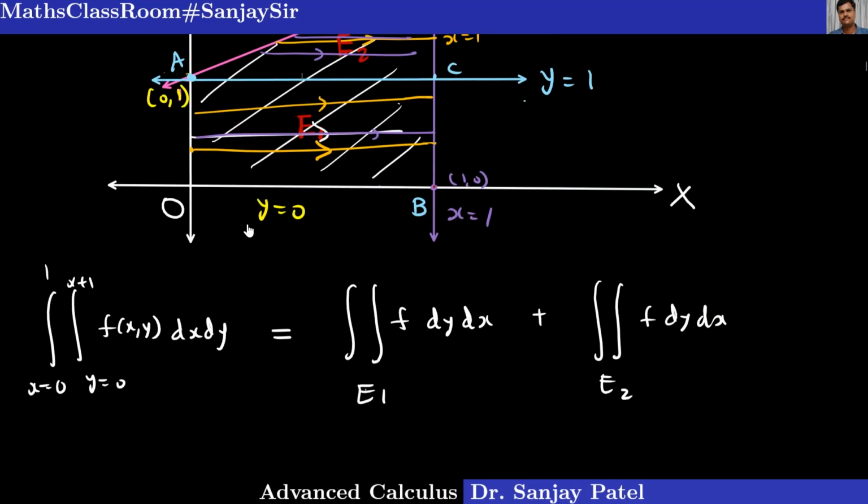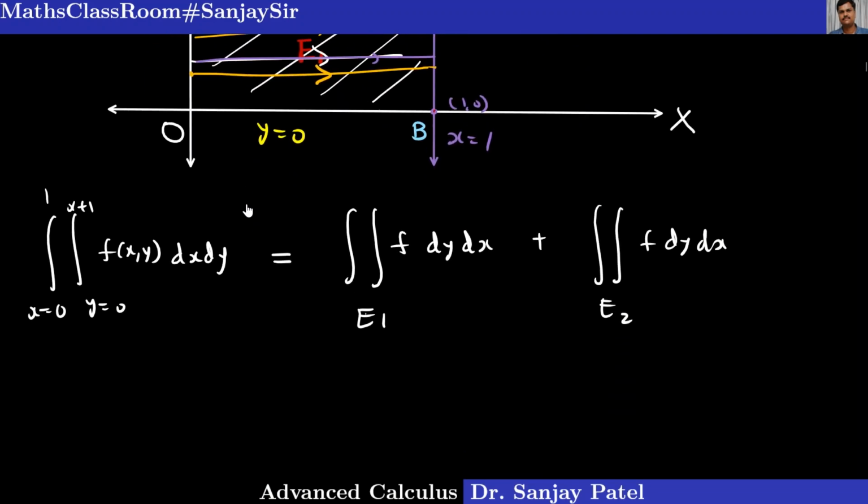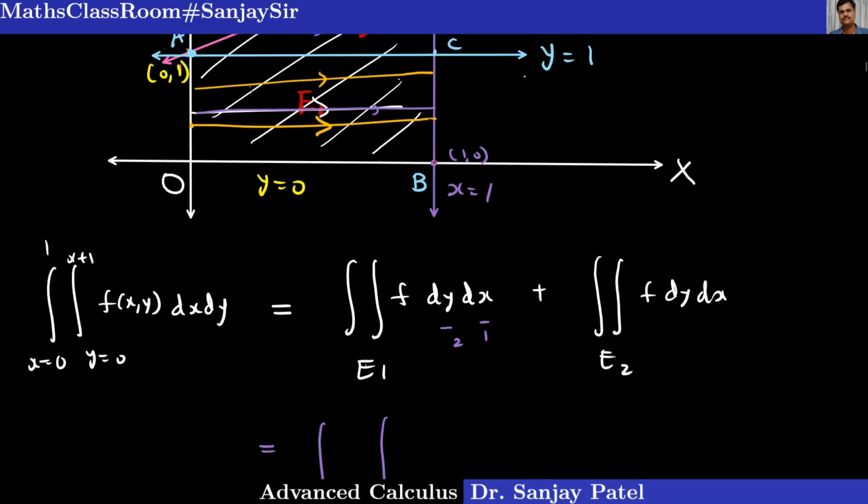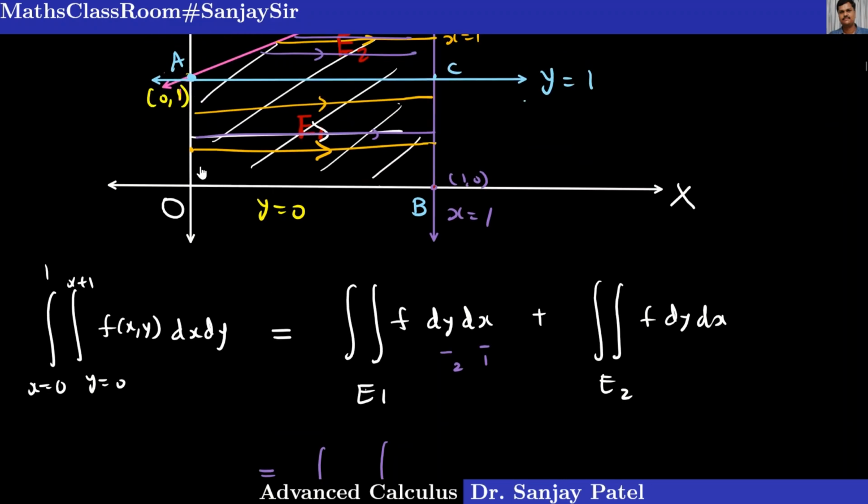Now let us write down the limits of integration for the region E1 in the new order, that is with respect to x first and then with respect to y. First we write down the limits of x, which are functions of y, but in the rectangle there is no change.